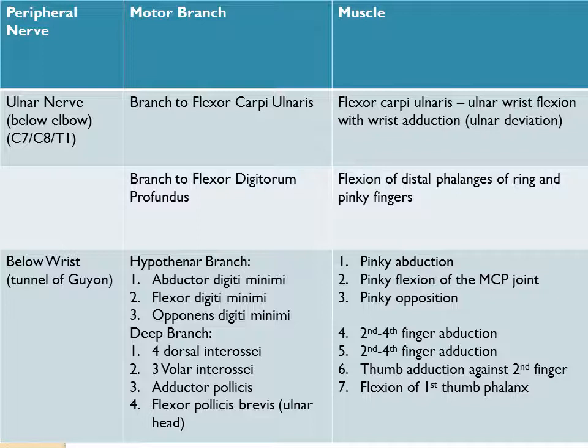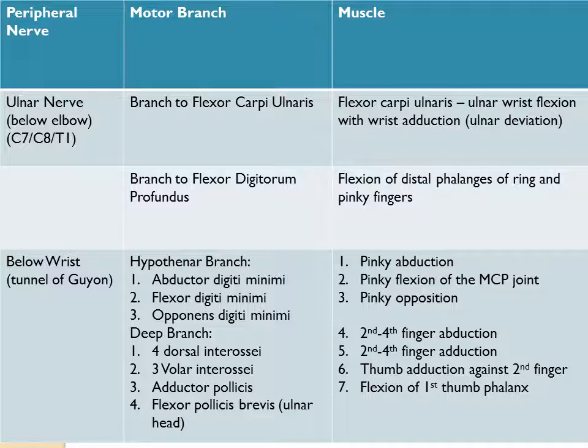If you look down at your hand, put your hand in ulnar position and abduct your pinky finger, you see that the abductor digiti minimi is on the most medial aspect of the hand, and you can palpate that muscle as you abduct your pinky finger. That is purely innervated by the ulnar nerve. And many electrodiagnostic studies use the abductor digiti minimi as a sole representation of the function of the ulnar nerve below the wrist, or the ulnar nerve hypothenar branch as it goes into the hand.